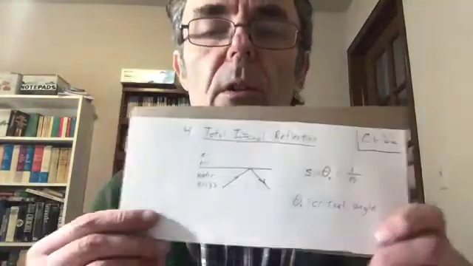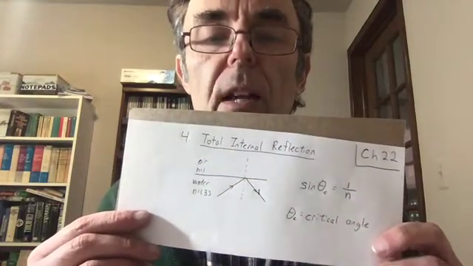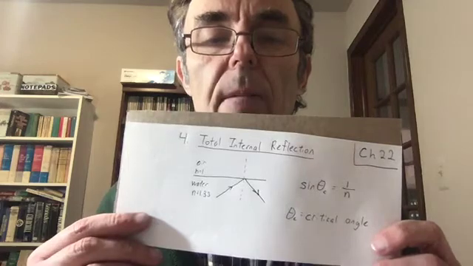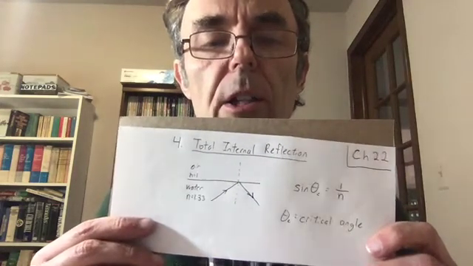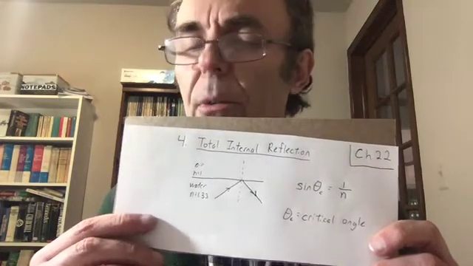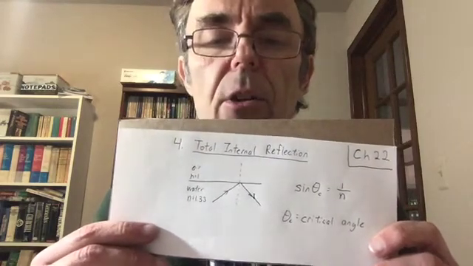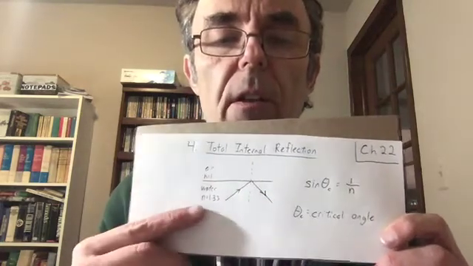Now, one result from Snell's law is the idea of total internal reflection. If the refracted ray, when going from a large index to a small index, is greater than 90 degrees, then you're going to have total internal reflection, where all the light just bounces and reflects off the surface.